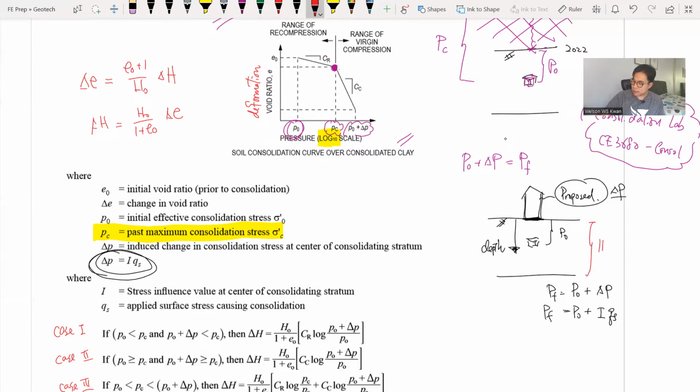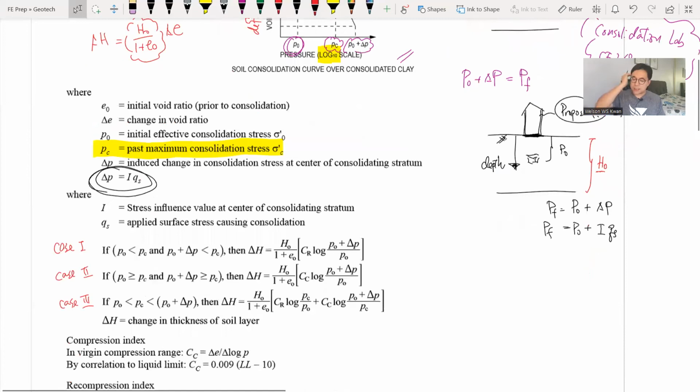So this is H naught, and e naught is the initial void ratio, which is this point here. With all this multiplied by this constant here, we can relate the change of void ratio with the deformations. This is what we can measure in the lab, and we can correlate it with how much deformation we anticipate in the field.